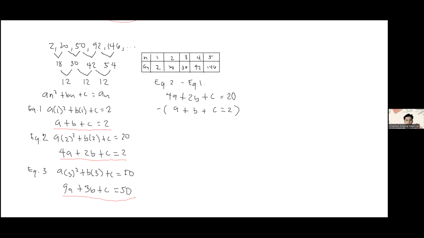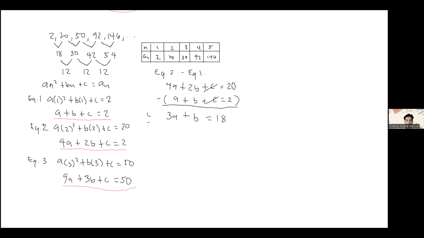Alright, so 4a minus a is equal to 3a plus 2b minus b is equal to b. Then cancel na si c because 0 lang naman siya. And 20 minus 2 is equal to 18. So ito na yung equation 4 natin.